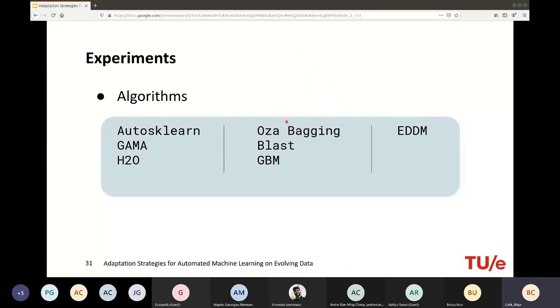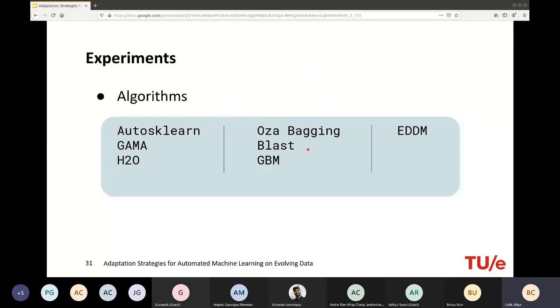In addition to the selected AutoML algorithms, each with a different optimization approach, we also included Bagging and BLAST as baseline online learning methods that are specifically designed for data streams with concept drift. What BLAST does is, given a set of classifiers, build an ensemble and determine the weights of the ensemble members dynamically based on their performance on the recent instances.